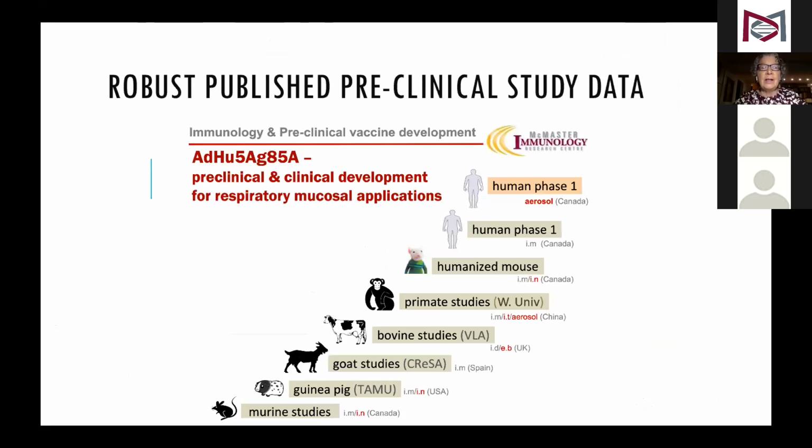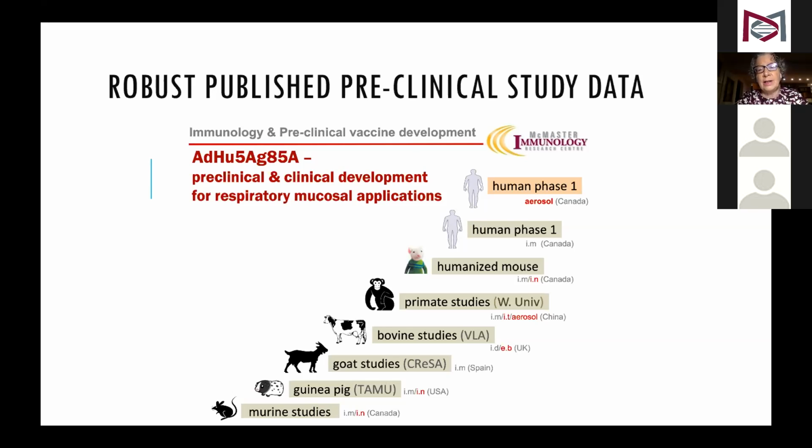Now, I mentioned that one of the important things is moving from preclinical data to the first in human, and it really is vital to have robust preclinical study data. I'm going to talk a little bit about how these requirements may be being modified in the era of COVID, but really to move into humans, you need to be very confident of your animal data.